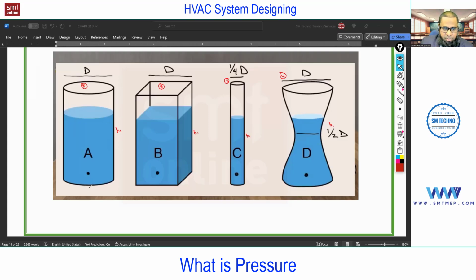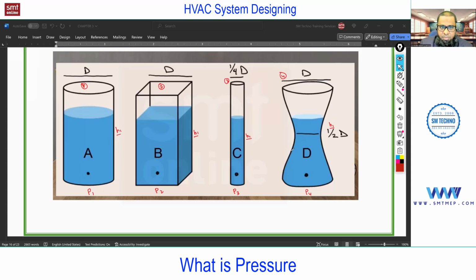Based on the height of the liquid column, here you'll get P1, here P2, here P3, and P4. So now the question is, in which case will you find more pressure? The height of the water column is the same, right? Yes, you see H1, H1, H1, and H1. Same pressure, I got the answer from Mr. Anish.